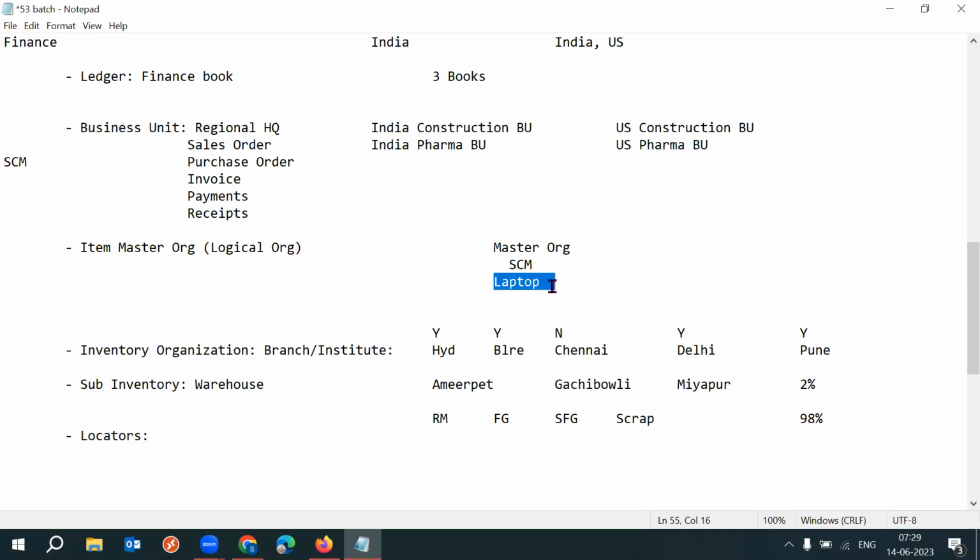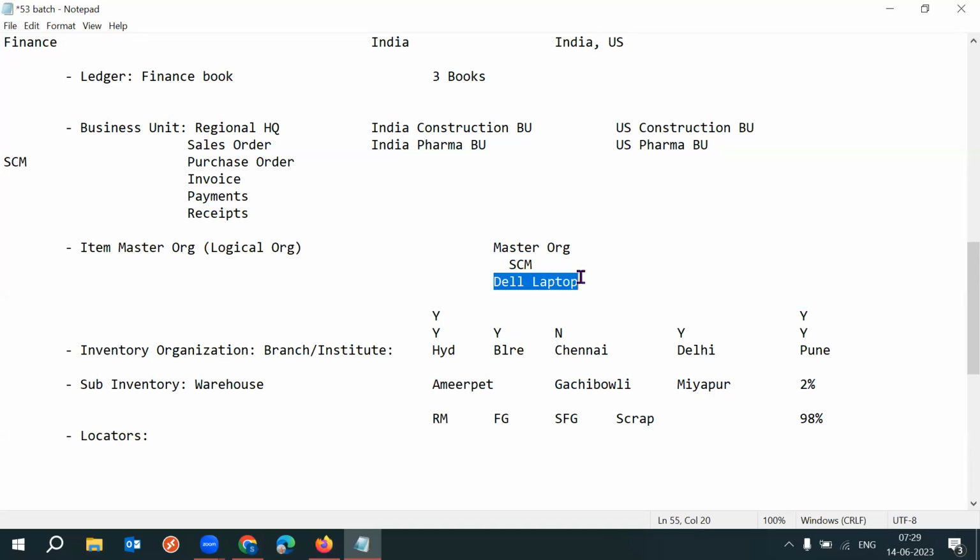This laptop we are offering in Hyderabad, and we are also offering in Pune. In 2 locations we are selling the Dell laptop. You can order to my Hyderabad branch or you can order to my Pune branch. So I deliver it.